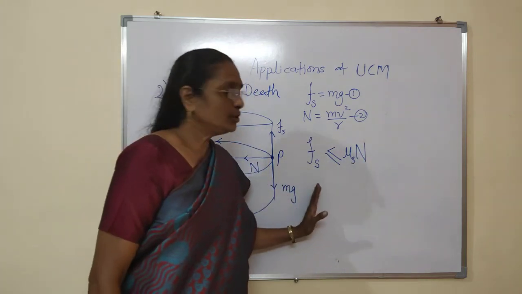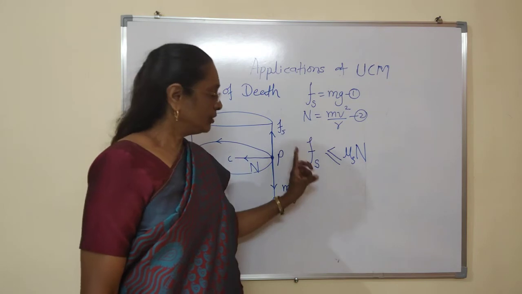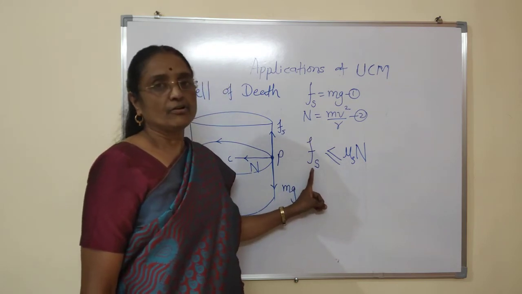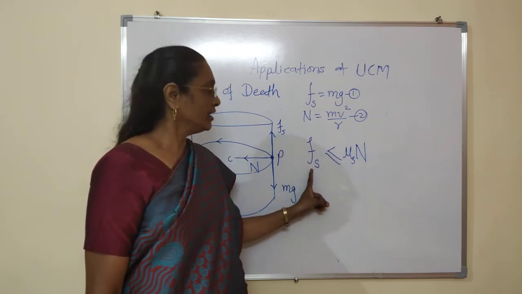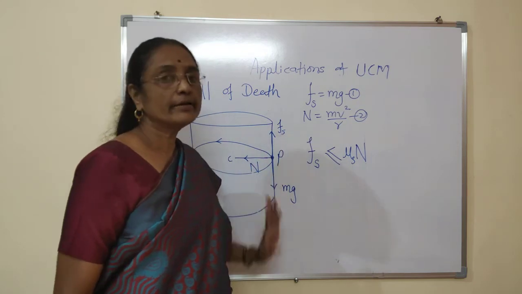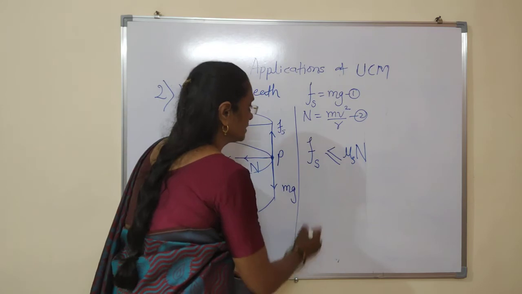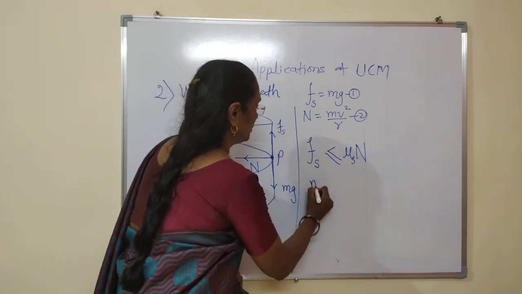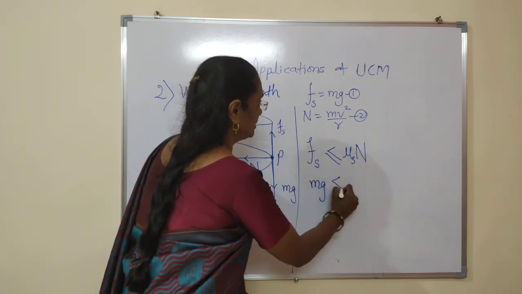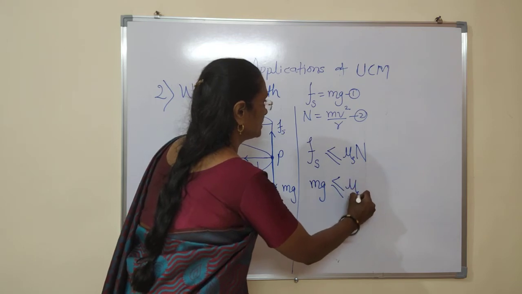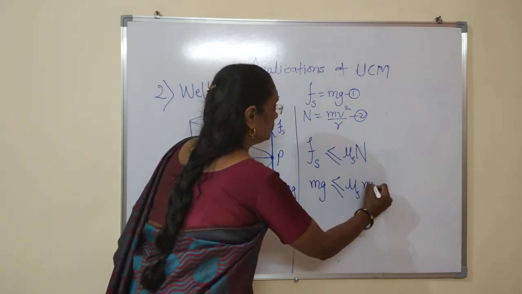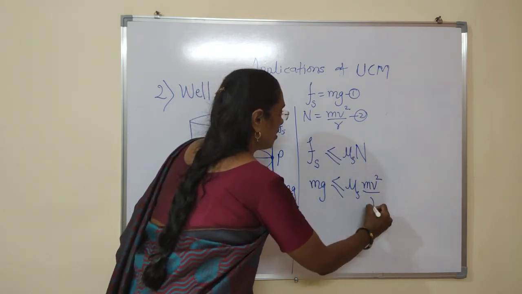Not the limiting value or the maximum value, but we take here the force of static friction less than or equal to mu s times the normal reaction. Then substitution gives us, Fs substituted as mg, is less than or equal to mu s into m into v square upon r.